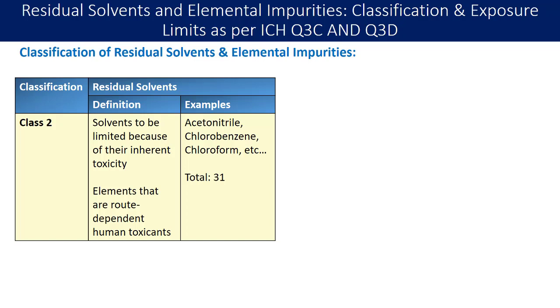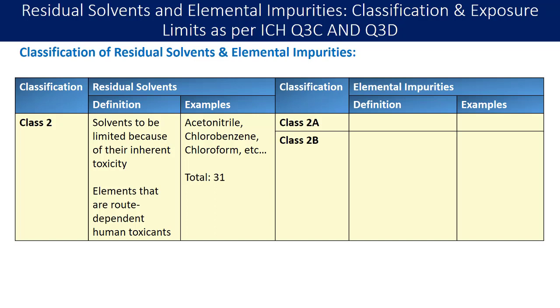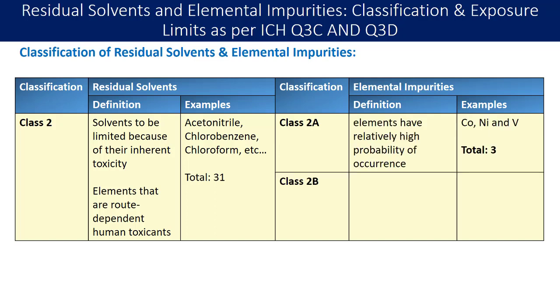Whereas the elements that are route dependent human toxicants, meaning they can have different toxicity based on the route of administration, like oral versus inhalation versus injectables. Now further, the ICH guideline Q3D R2 has subdivided class 2 elemental impurities into 2A and 2B. Let us understand the definition of class 2A elemental impurities.